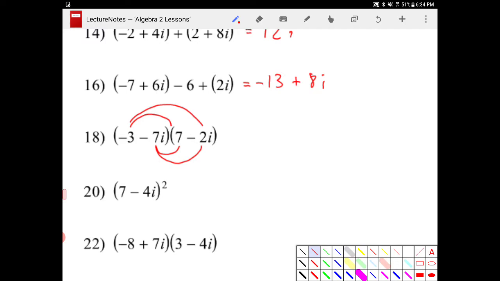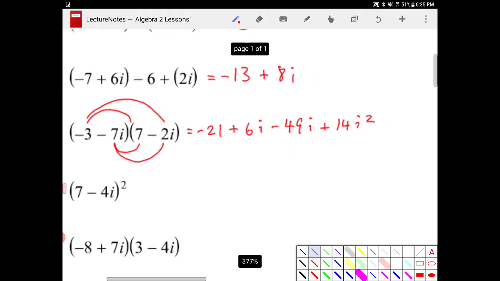When we have two terms being added or subtracted, we have a binomial, and we're multiplying them together. We have to perform this kind of multiplication. When we multiply this out, we end up with negative 21 plus 6i minus 49i plus 14i squared.